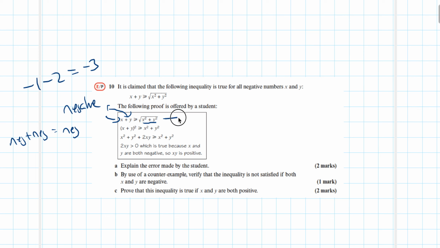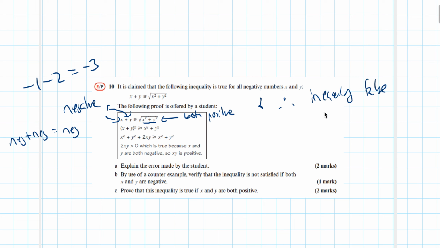But here, this one is a positive number, because you've got x squared, and x squared can be made up of the positive version or the negative version of x. So in that case, the inequality is false.